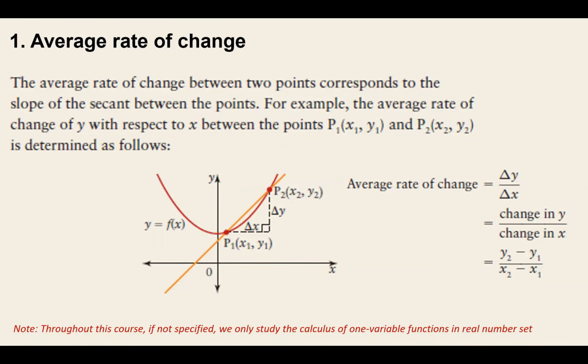Okay, so note here, throughout this course, if not specified, we only study the calculus of one variable functions in the real number set. So this is our scope of this lesson: one variable functions and in the real number set. Any questions? So this is just a definition of average rate of change between 2 points.